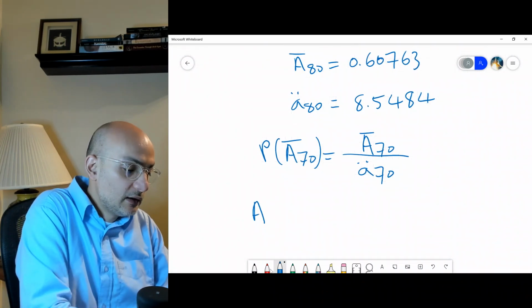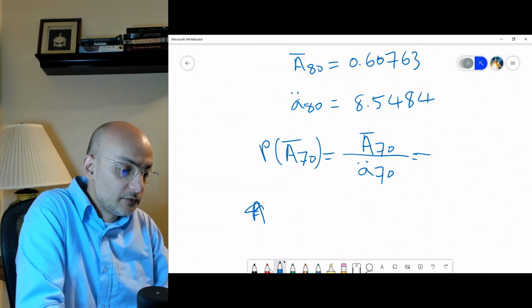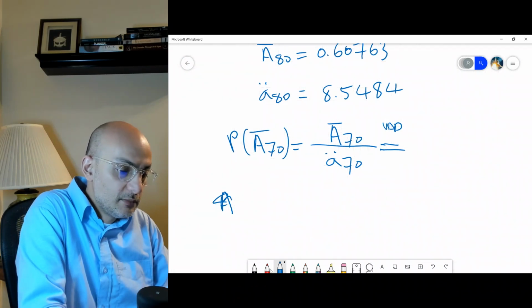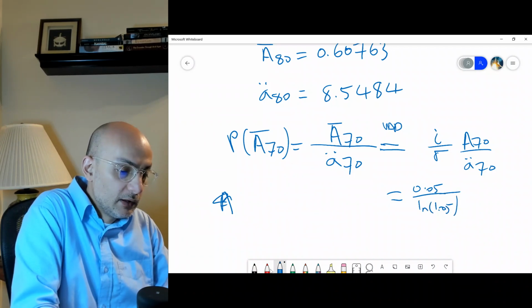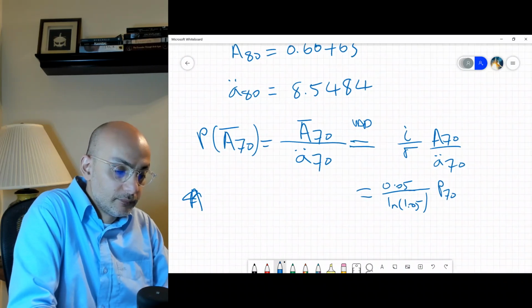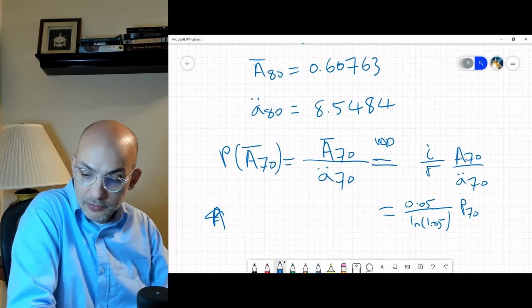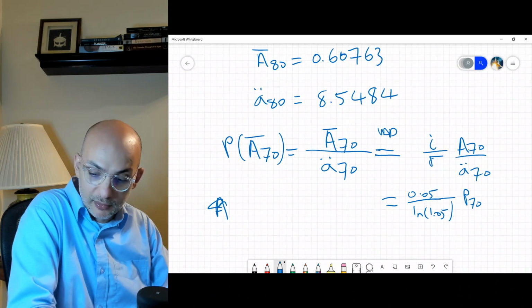Now this one, if we use UDD here, can be written as i over delta times A70. Actually this one you would see is P70, right? Which we already computed.